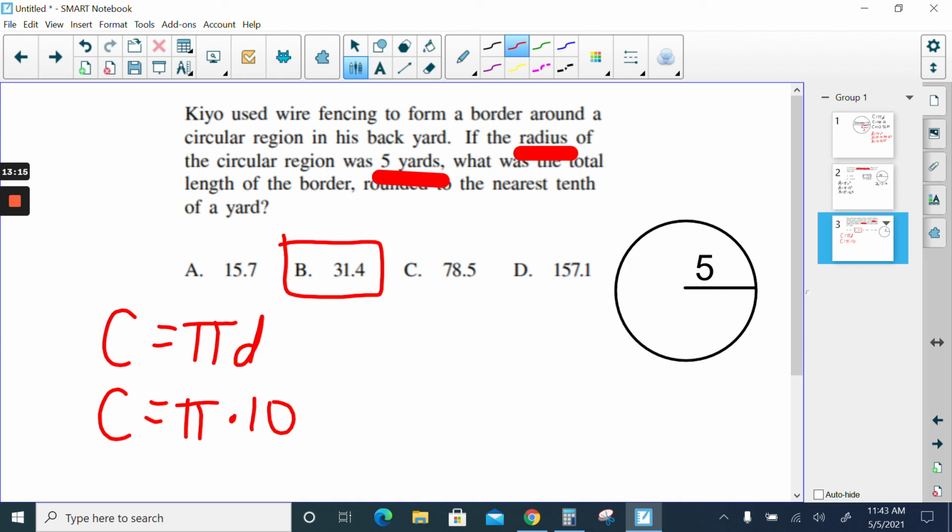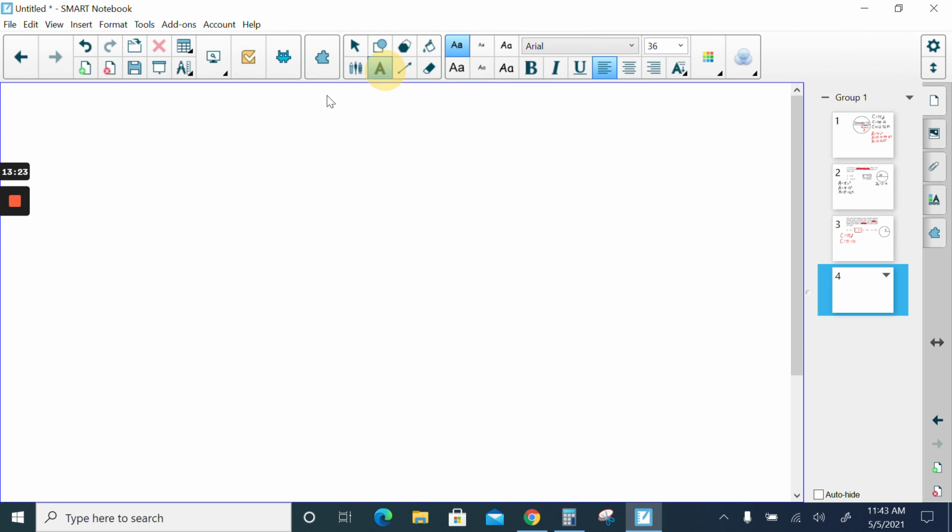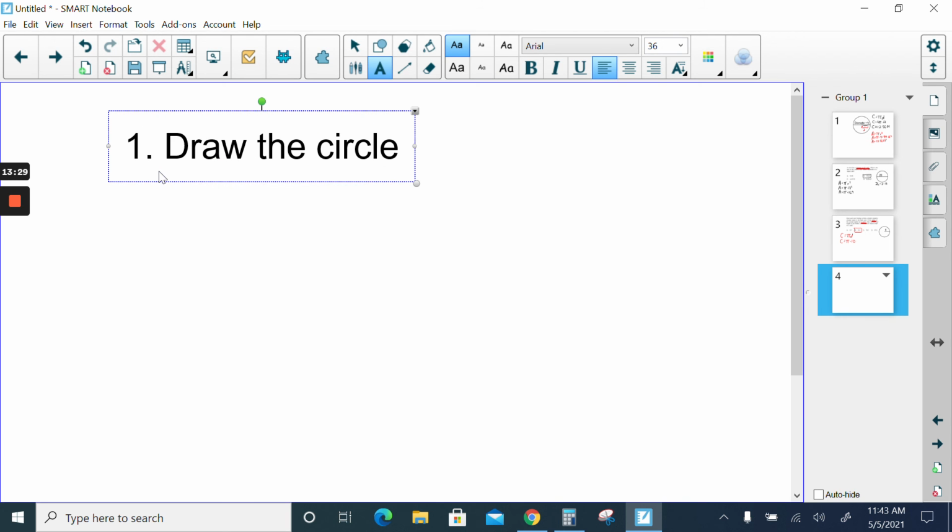My suggestion when you are trying to solve any problem dealing with circles, if I were to give 2 helpful hints: step 1, draw the circle. It's very helpful to visualize what exactly is going on if you have the circle drawn and it tells you what you actually know.